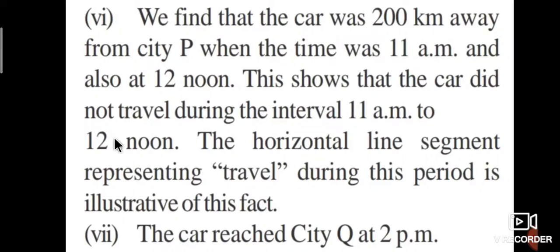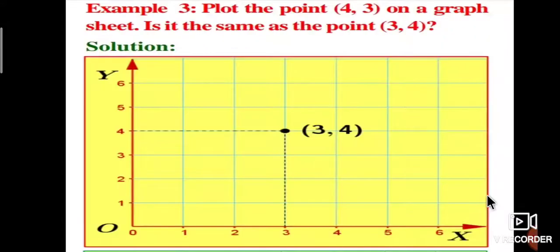The horizontal line segment representing travel during this period is illustrative of this fact. The car reached city Q at 2 pm.